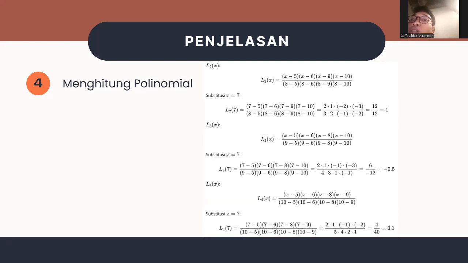L2(7) equals (7 minus 5)(7 minus 9)(7 minus 9)(7 minus 10) divided by (8 minus 5)(8 minus 6)(8 minus 9)(8 minus 10). The result is 1. For the L3, we have to use the same formula.